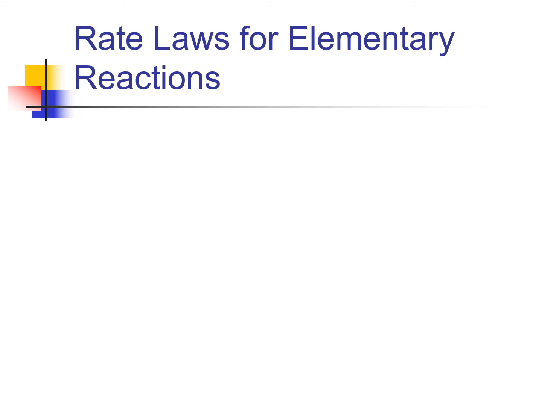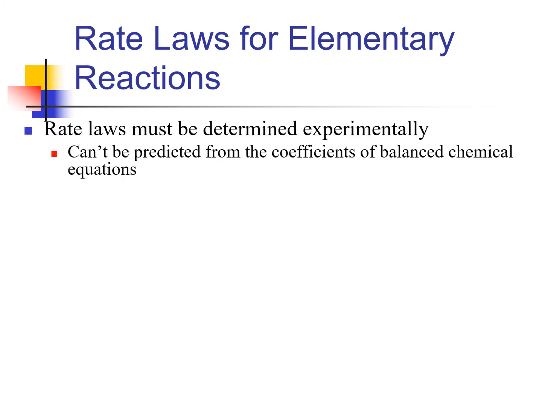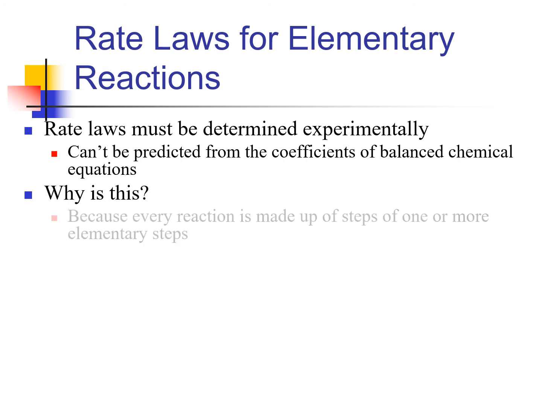Now we can write rate laws for elementary reactions, and I want to be very clear about this. Earlier on, I told you you cannot use a balanced equation to write a rate law. That is true. You can use elementary reactions.